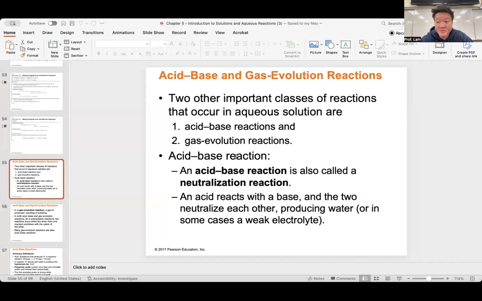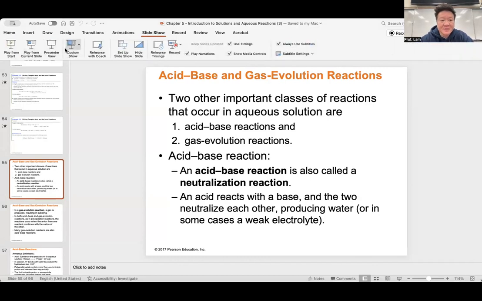to acid-base reactions. So remember that precipitation reactions are double displacement reactions. Acid-base reactions are as well. So what does that mean? You guys already know how to spot an acid, right?